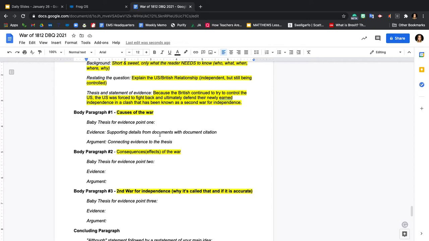So if I'm going to say, in general, the war was caused by the British abusing their power. If that's how I'm going to summarize all the different things, the impressment, the blockade, and the battles at the Canadian border is all just Britain abusing its power or trying to overextend their power. That's going to be my thesis statement because that's how I'm going to summarize them all together.